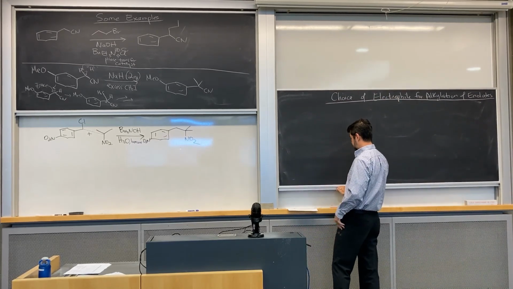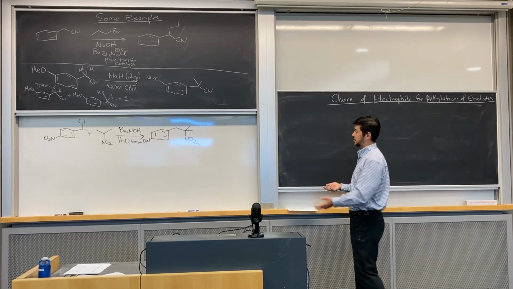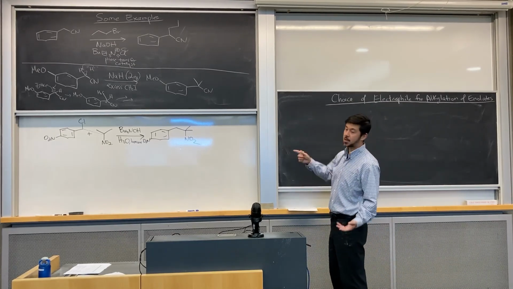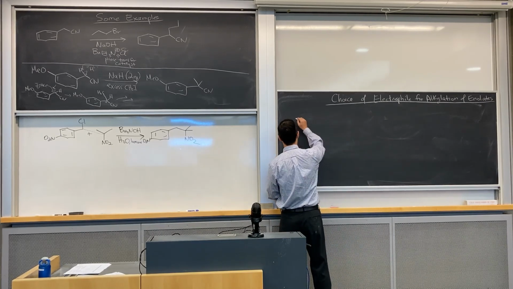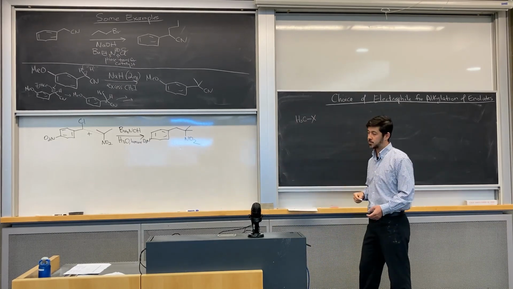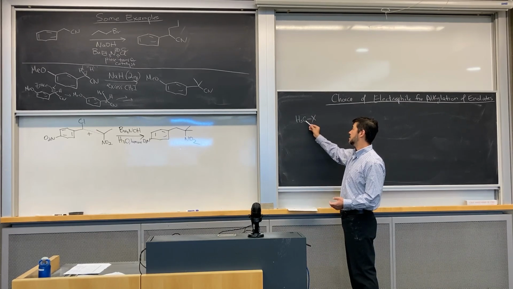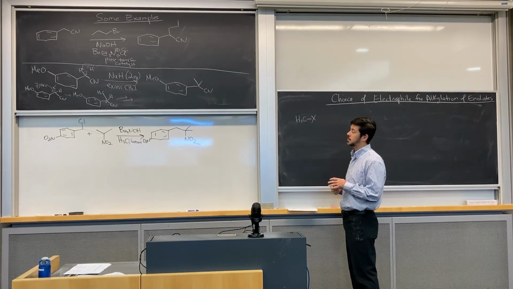All right, so let's take a look at some very reactive species. One of them we looked at was methyl iodide. Methyl iodide is very electrophilic. There's barely any steric hindrance. So methyl iodide, methyl chloride, methyl bromide, those would work really, really well.